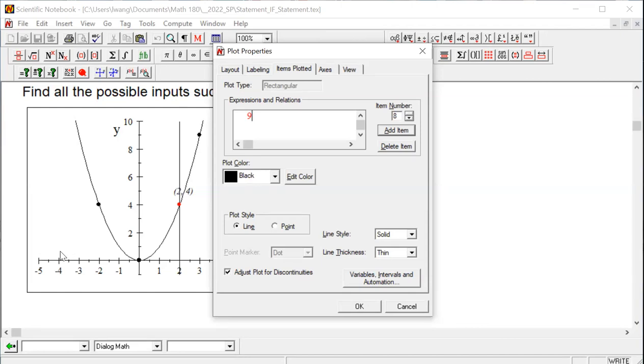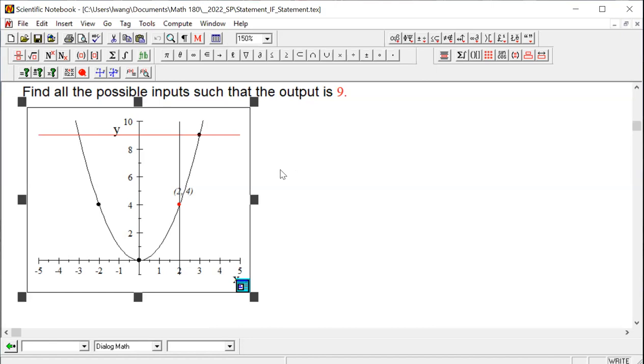Now we know the output, so we're going to draw a horizontal line this time, and I'm going to choose a color. When we draw this horizontal line, every single point on this horizontal line, what does it tell us?